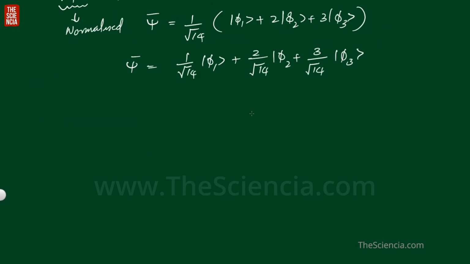Okay. Now we got the normalized wave function. Now we want to find out the probability of finding the particle in this psi 2 state.